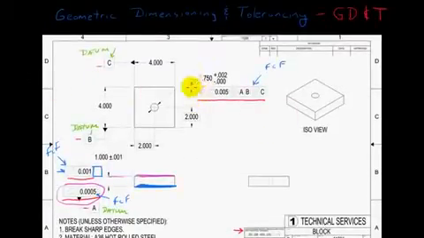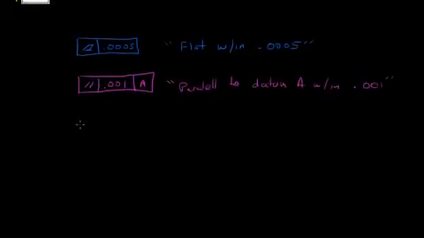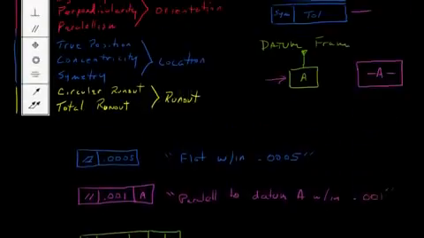And the last one down here is true position, okay, and that's relating to this hole. It's hung on the diameter call out, the diameter dimension of the hole, and that has a feature control frame. It's actually bigger, and it had the true position symbol, right, that we saw up here.